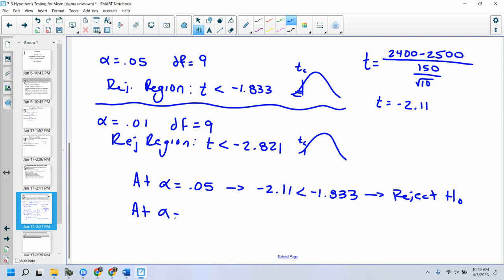Okay, well, at the alpha 0.01 level, negative 2.11 is not less than negative 2.821. We fail.